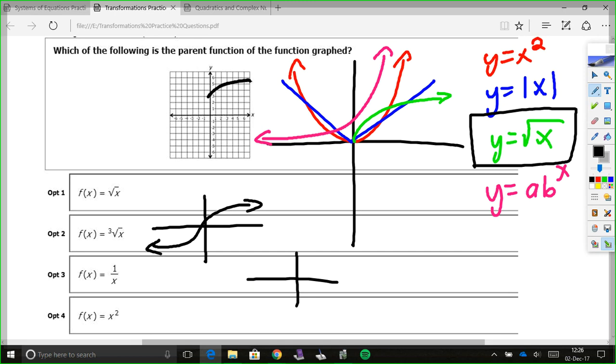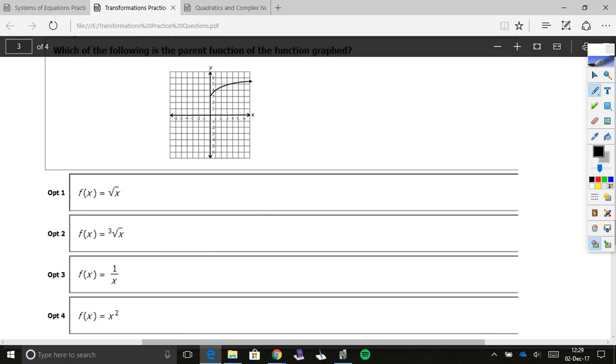I might be a little bit off here, but it looks something kind of like this. Of course we already know x squared is that parabola shape we've already mentioned. Of course this one has that arch shape, that's the square root function. So just know these different shapes, and be able to associate them with their different types of functions.